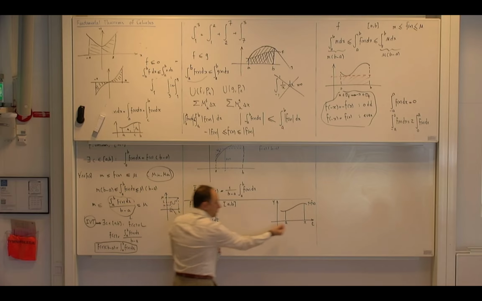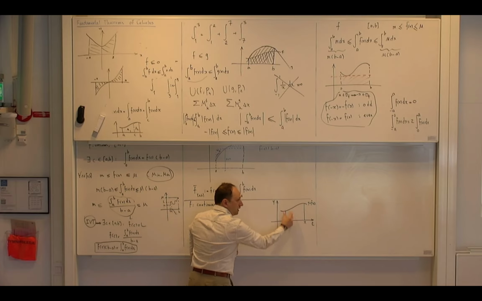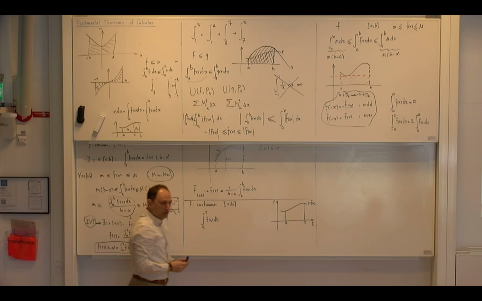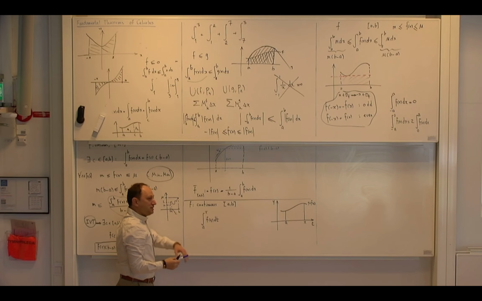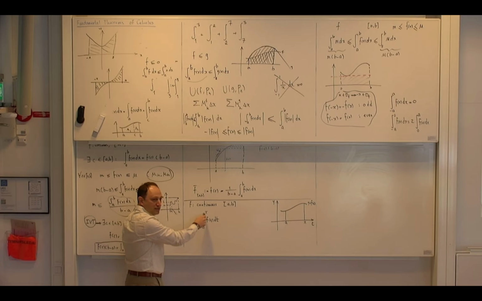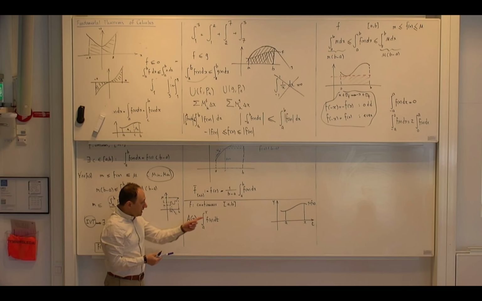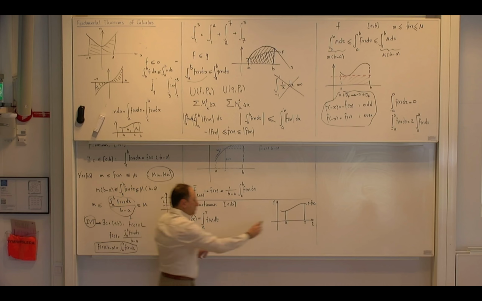Because if I make x smaller, the area will be smaller. When I make x bigger, the area becomes bigger. So this is somehow a number, but it is a function of this x that I put in. So this is a function of x, and because this is related to the area, usually people call it the area function. I want you to understand this is a function, because if I give you x, any x, and of course b should also be somewhere here.